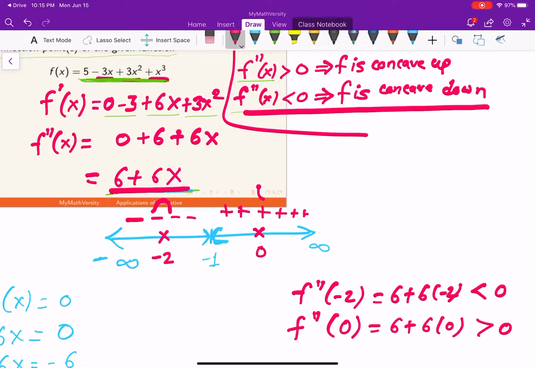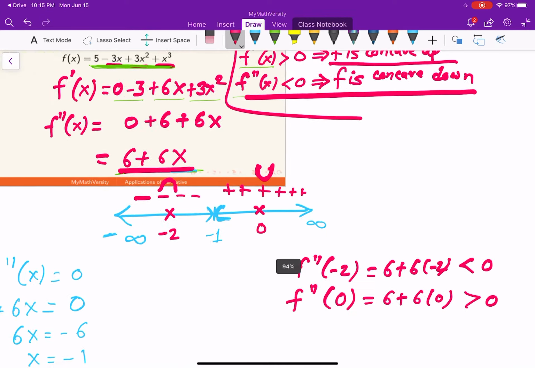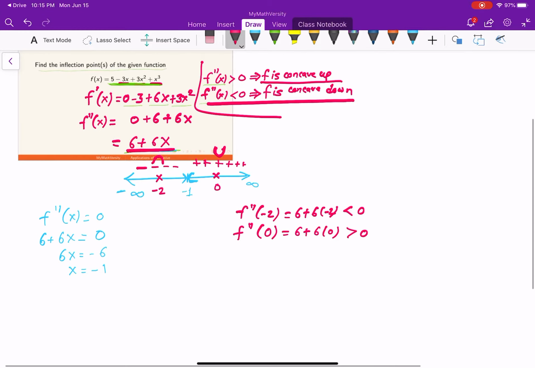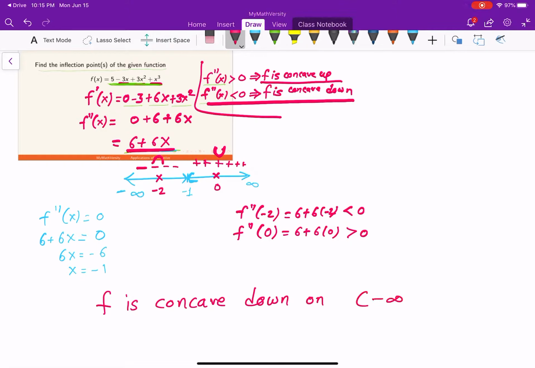In that case, the curve is concave upward, by using this concavity test. Okay, so it turns out that f is concave down on negative infinity to negative 1. It's concave up on negative 1 to infinity.